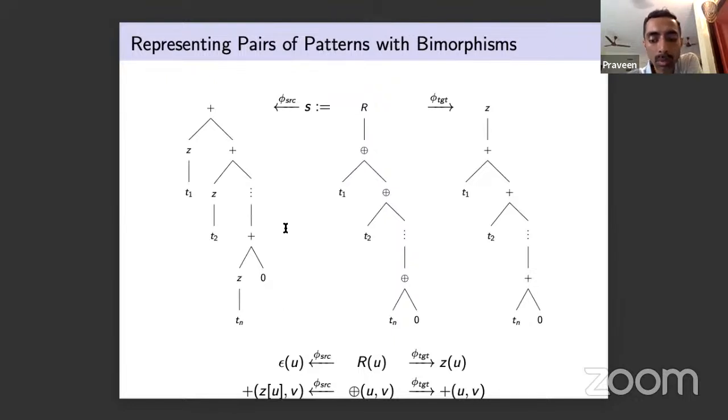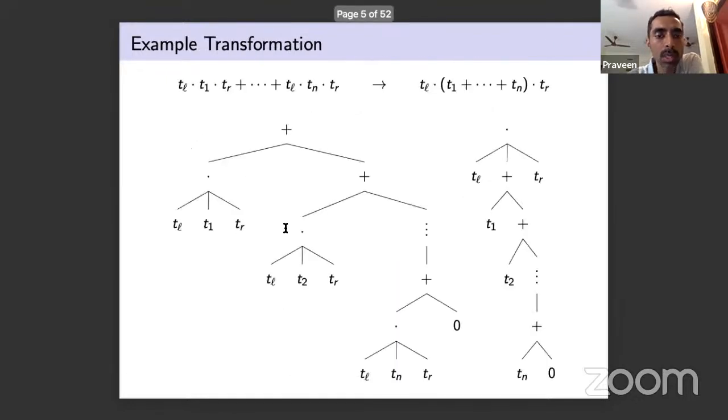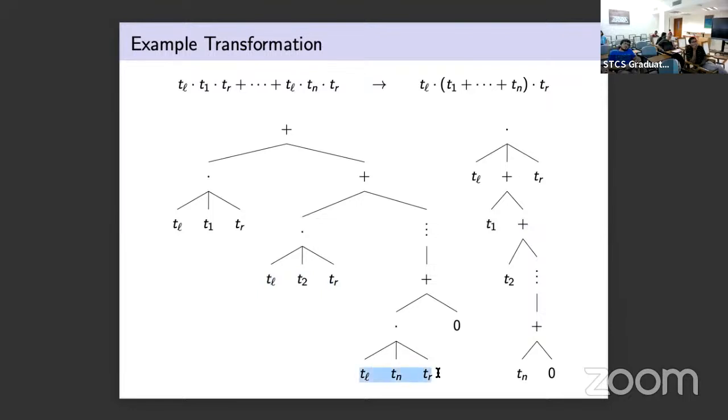So here you have the source tree. Well, this particular example does not have the property, but look at subtrees which are made up of only addition operators. Here, for example, you have this subtree, TL, T1, T2, TR. And then you have this subtree TL, T1 and TR.